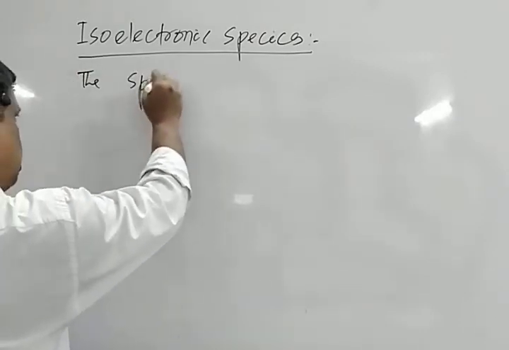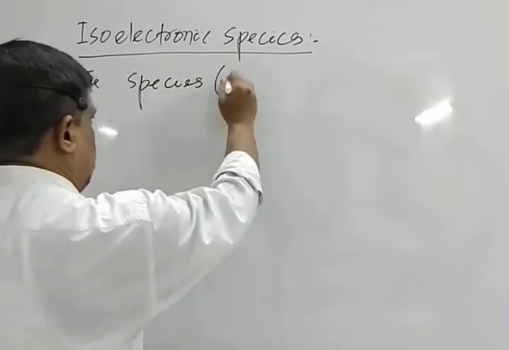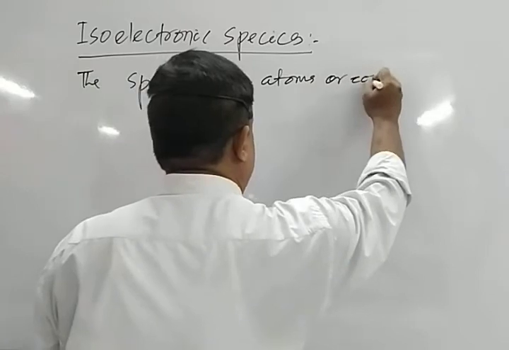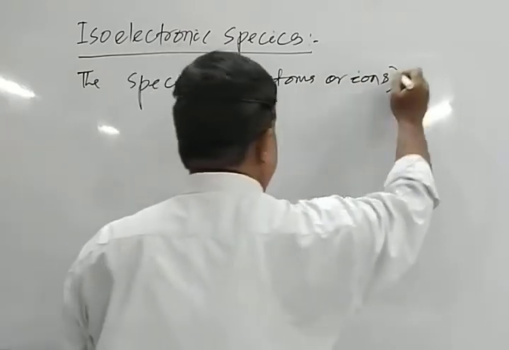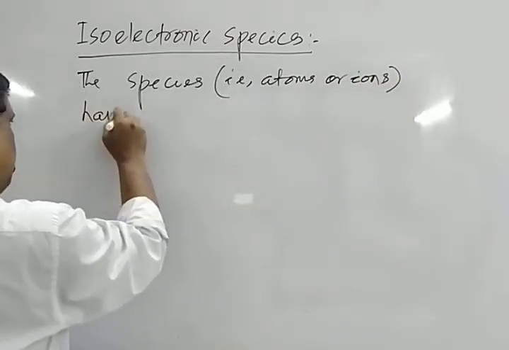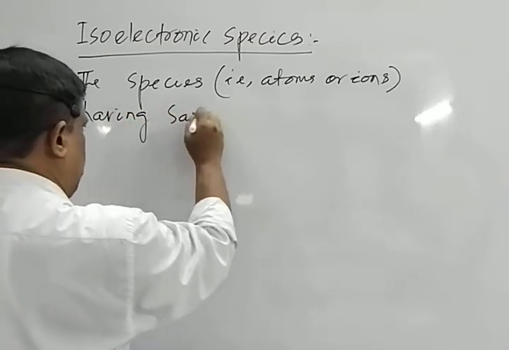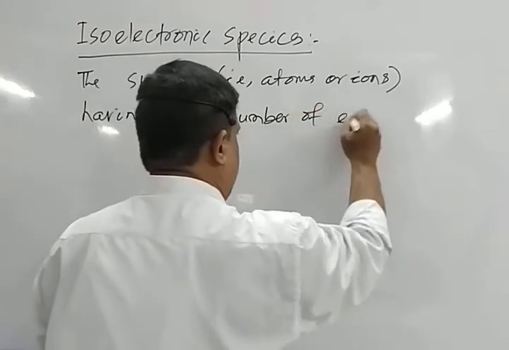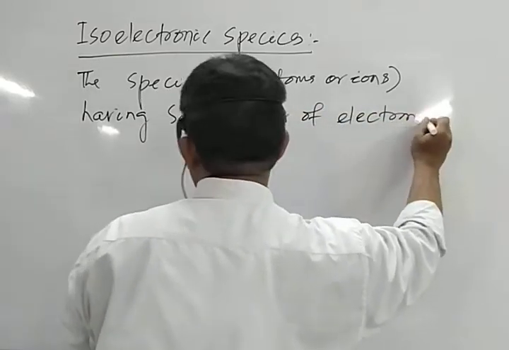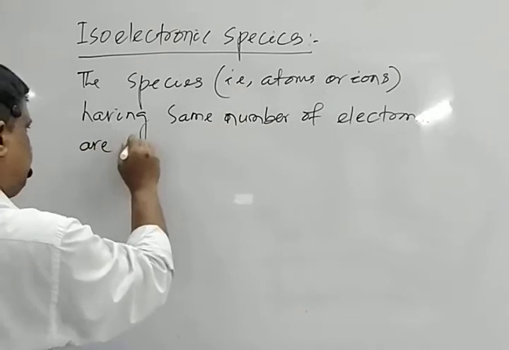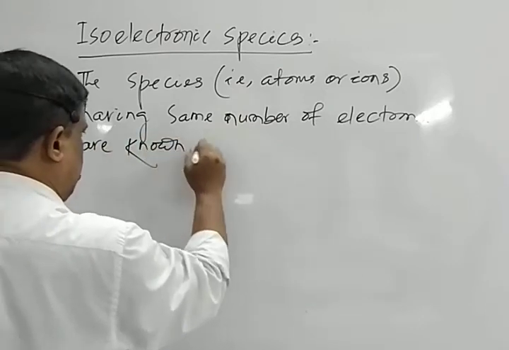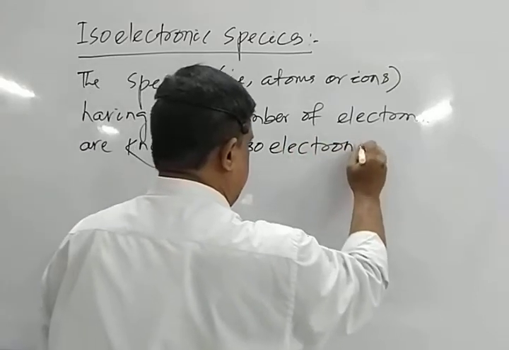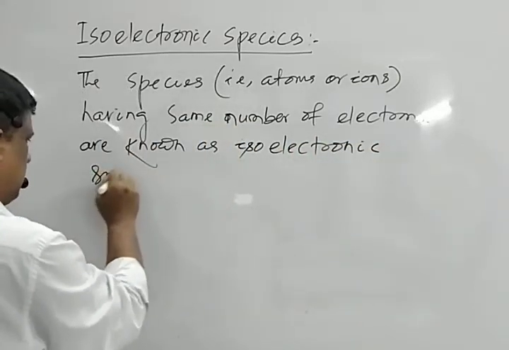The species, that is atoms or ions, may be cation or anion, having same number of electrons are known as isoelectronic species.